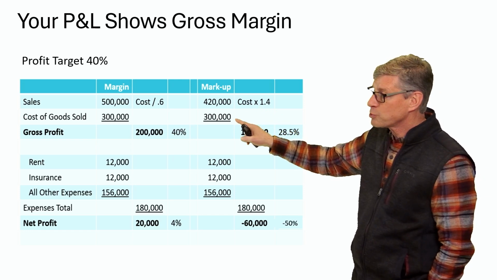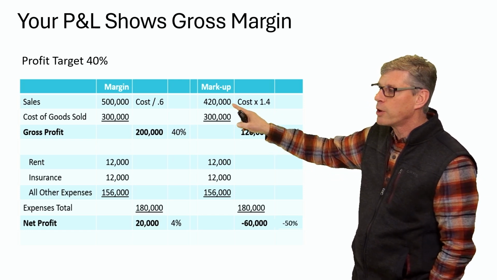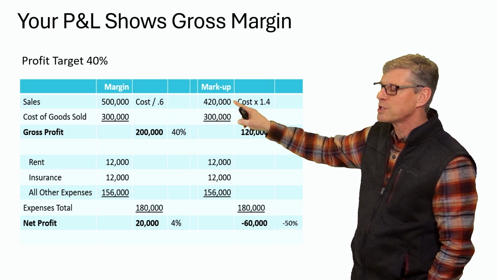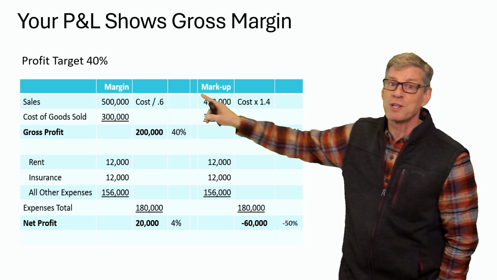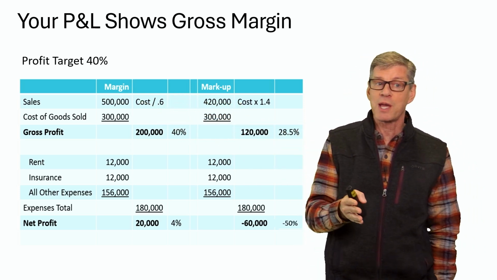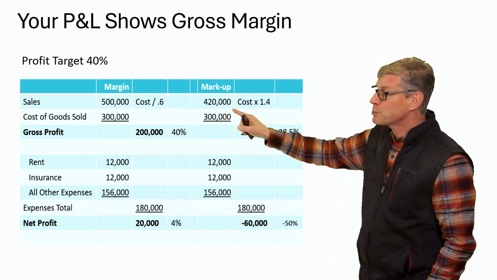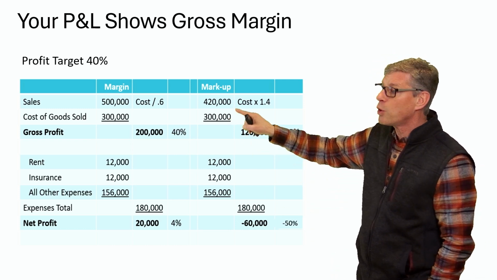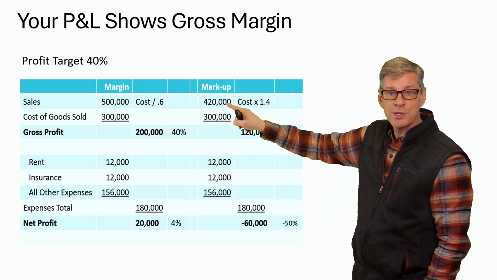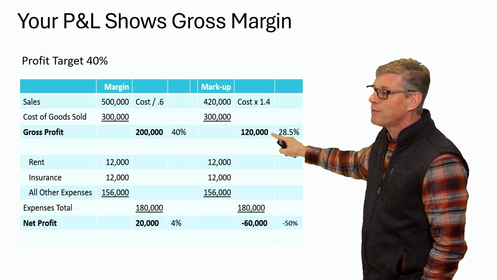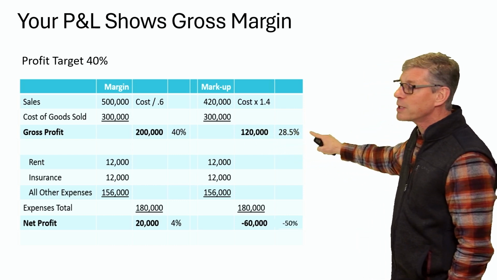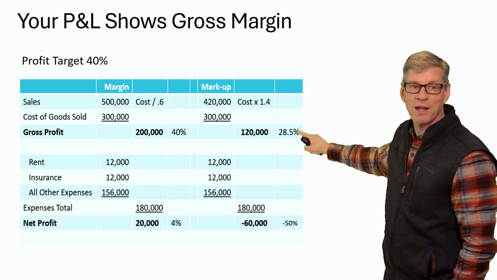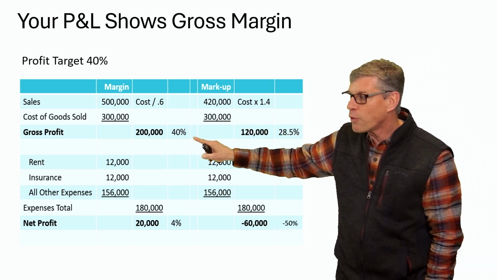Well, $300,000 times 1.4, you're going to sell that $300,000 worth of stuff for $420,000, not the $500,000 we did in the other example. So now when I subtract my cost of goods sold from the sales, we've got a total gross profit of $120,000. That's only 28.5% of the total, not 40%.